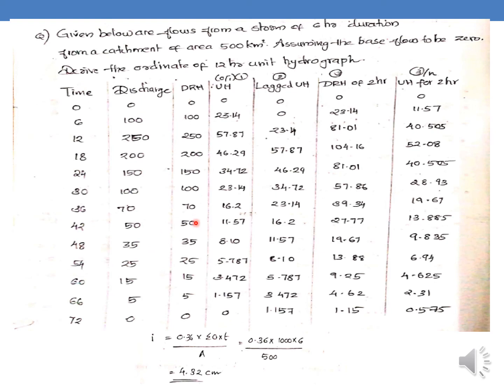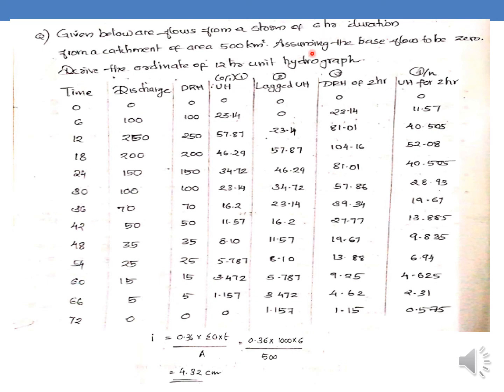Then this DRH should be converted to a unit hydrograph, that is, it should be divided by I. I is not given, so I is 0.36 into sigma O into T by A. Sigma O, the sum of this DRH, will be 1000, into 6, the 6 hour time interval of observation, divided by the area of catchment, 500, and that gives this unit hydrograph value.